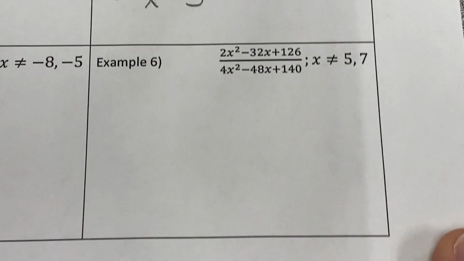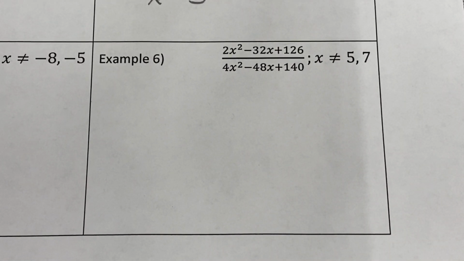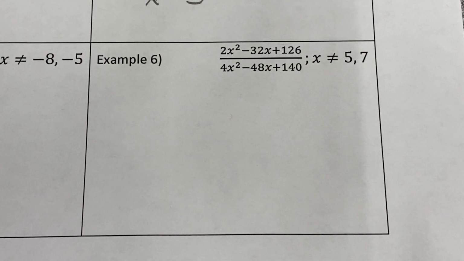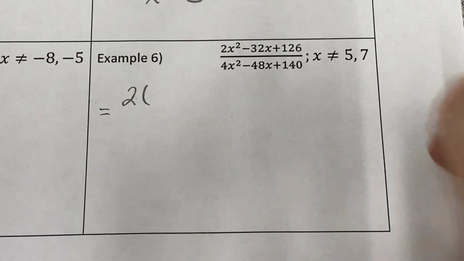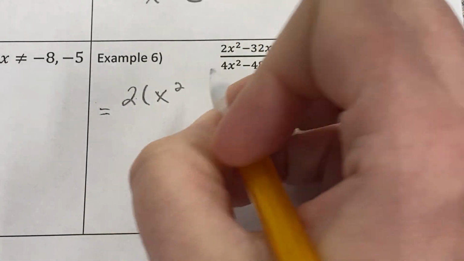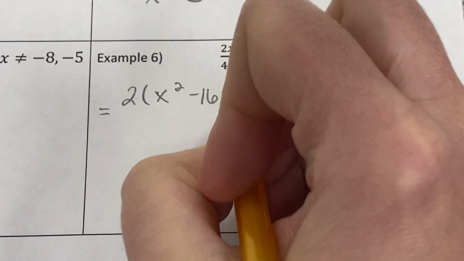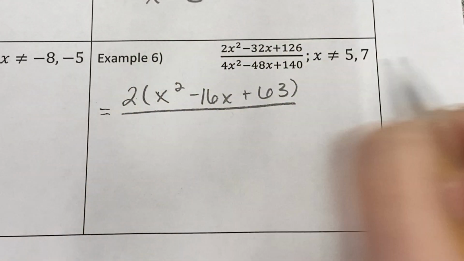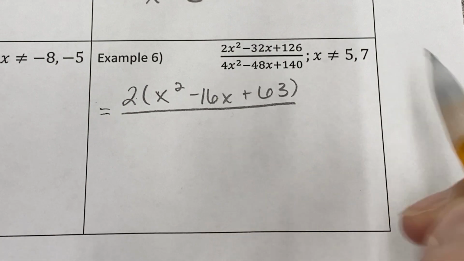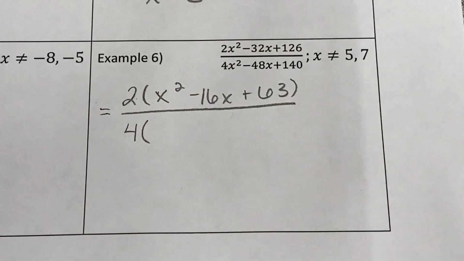Okay, example 6. Looks like we do have some greatest common factors here. In the numerator, 2. So that leaves us with x squared minus 16x plus 63. In the denominator, we can factor out a 4.